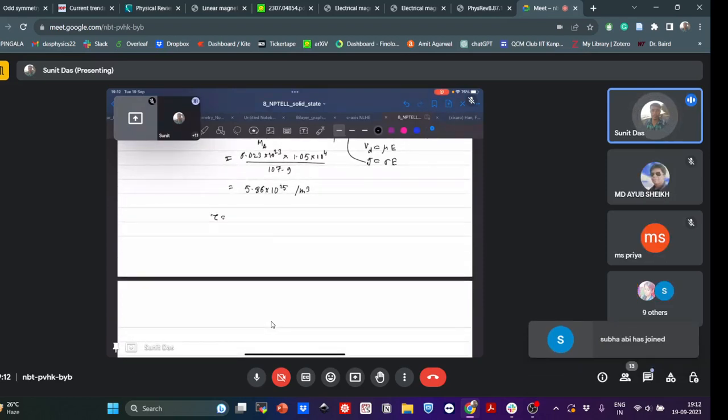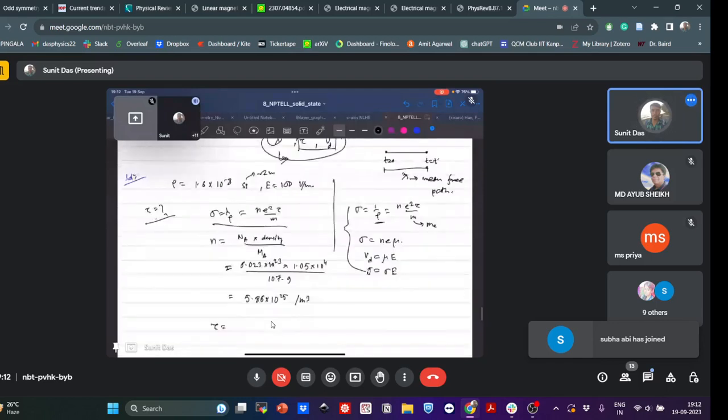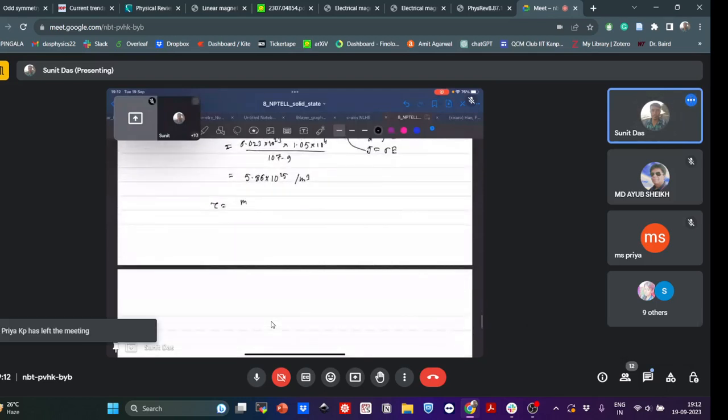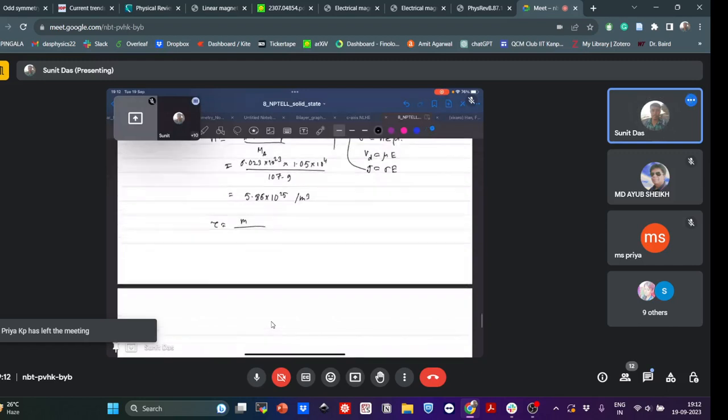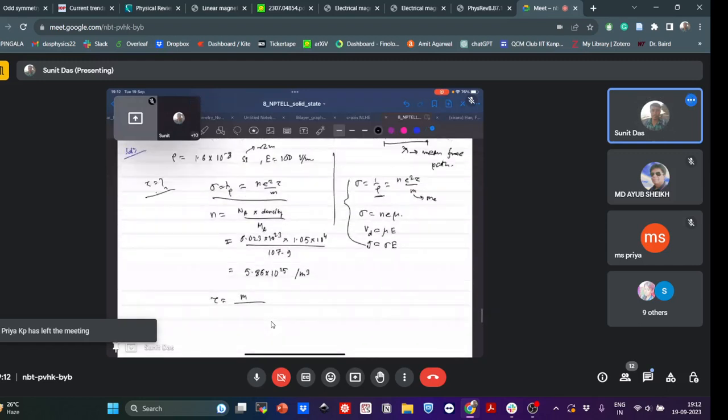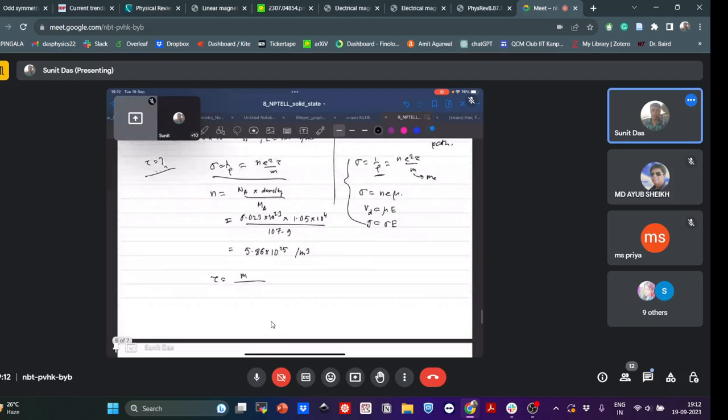Then tau we can find from this relation. Tau is m by n e squared rho.